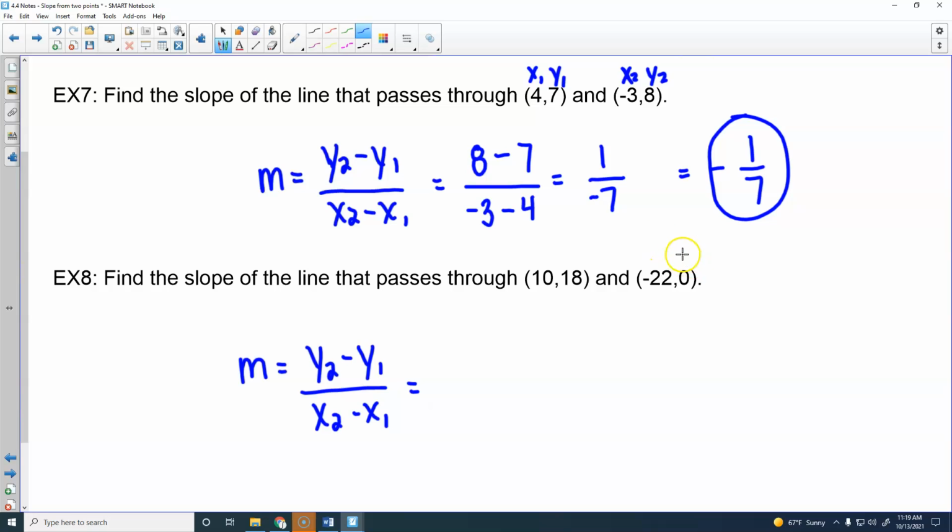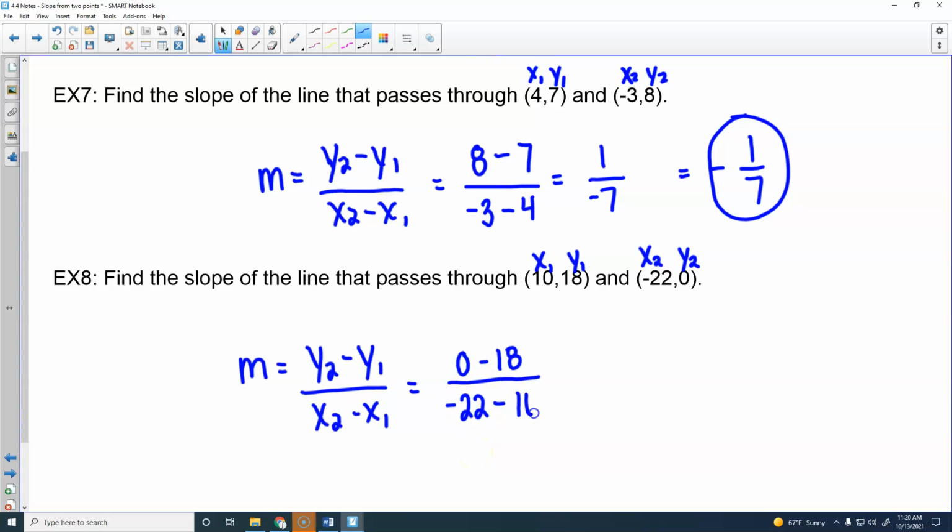Okay, so 0 could be my y2, 18 could be my y1. It's your x-coordinates you're subtracting. So I have 0 minus 18 over, and then, let's see, Katie, what about for my x's? Good. So what would that look like when I plug it in?